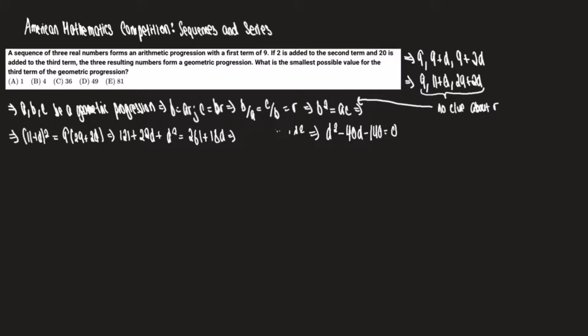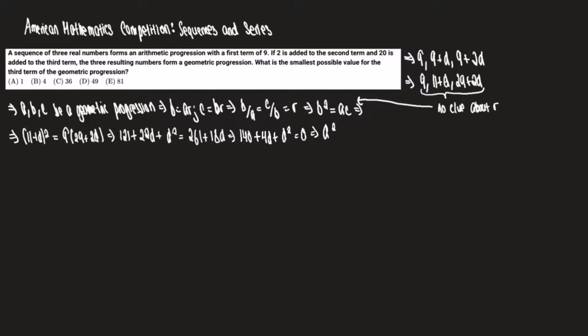It's not negative 40D. It's going to be 140, like I said. 22 minus 18, so it's going to be 4D plus D squared equals 0. This makes more sense now.